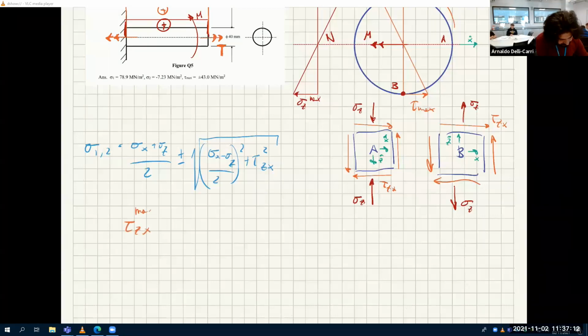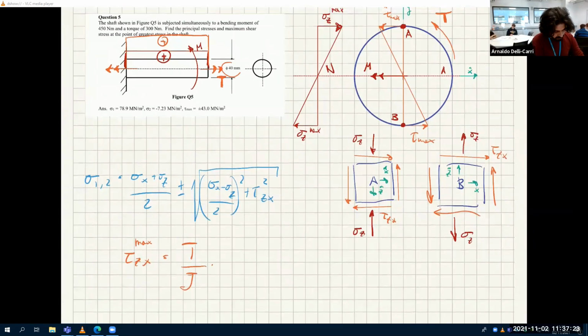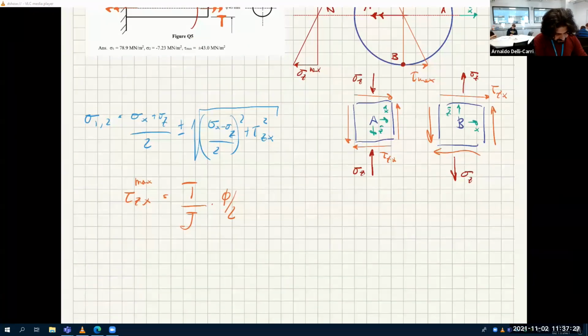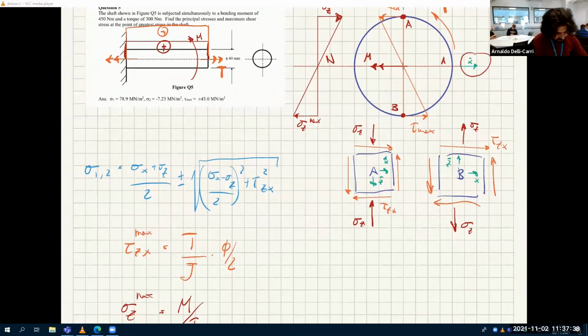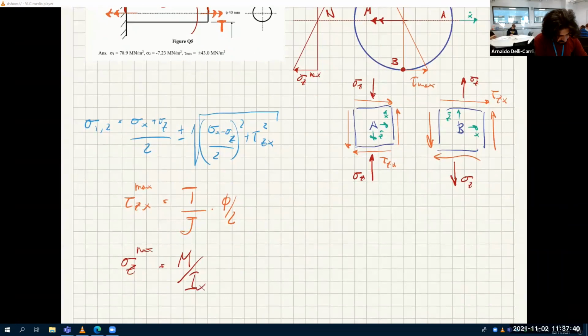Tau max equals T divided by J times R max. R max is, of course, phi divided by 2. Phi is 40 millimeters here. And the largest bending moment, the largest sigma z max, is the bending moment divided by Ix, because we are rotating around x, times y max.